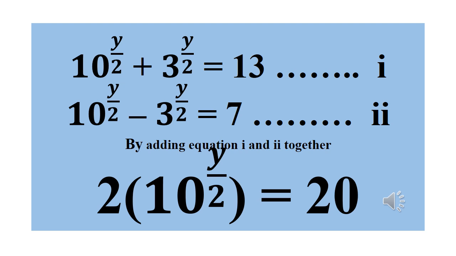We have added it together like that, then equals 13 plus 7. 13 plus 7 is 20. So we now have 2 into bracket 10 raised to power y over 2 equals 20.